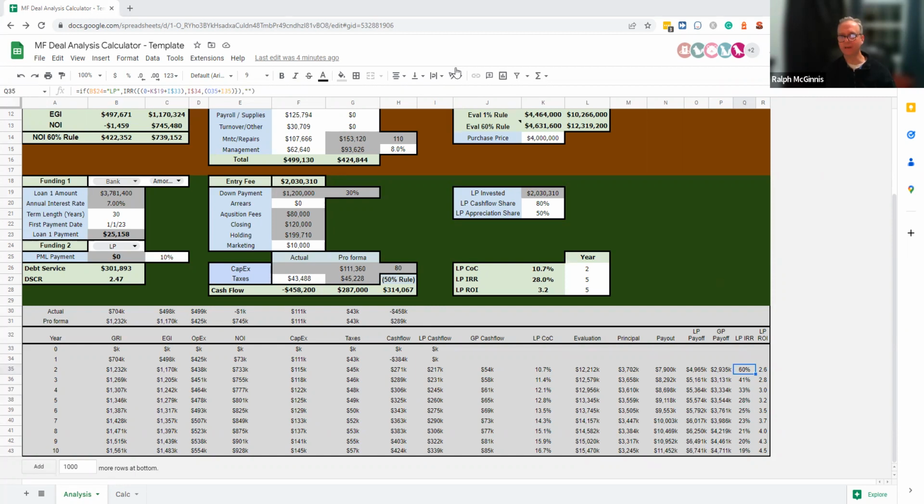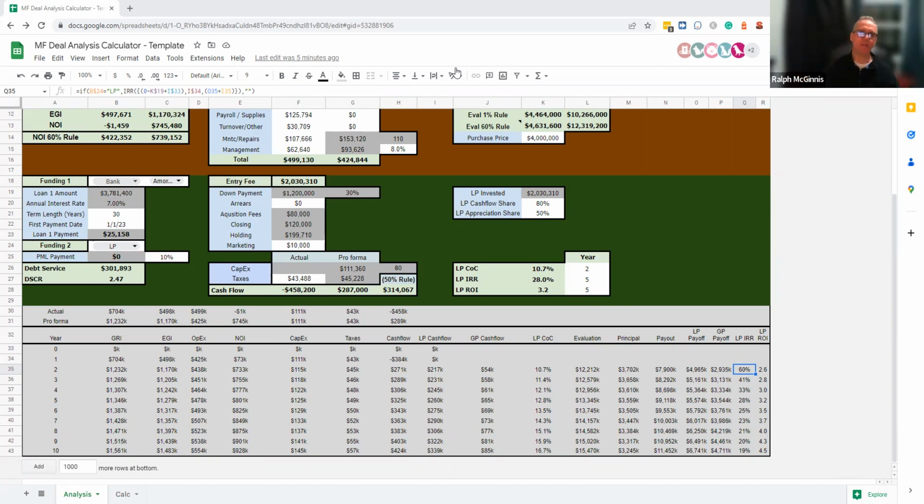Let me see what we got in here. So the limited partner is someone who covers the entry fee completely. Well, when you say someone, it's really typically several people. It's not just one person, but multiple people.